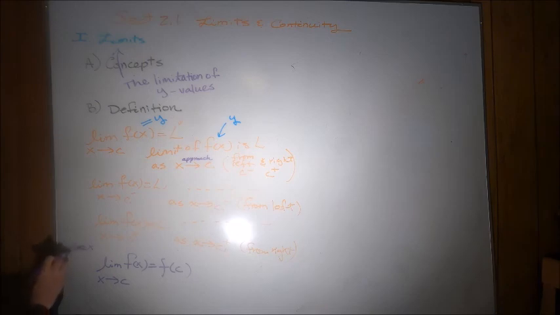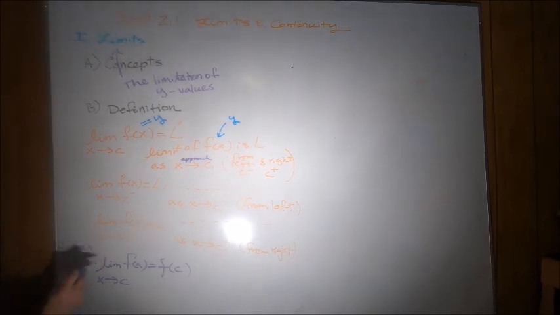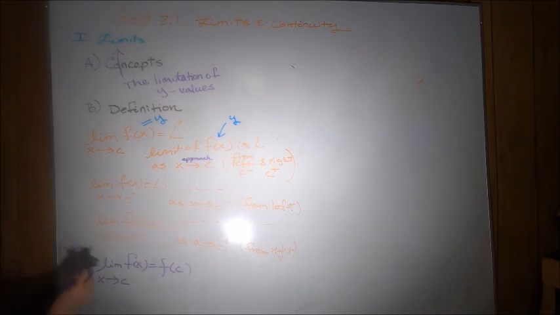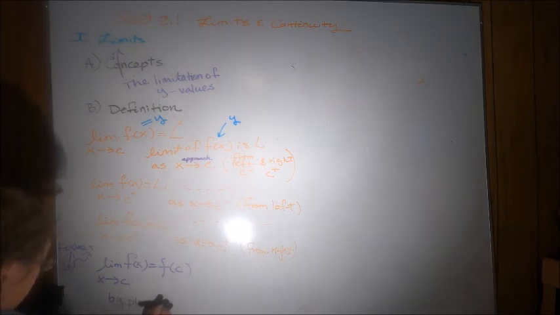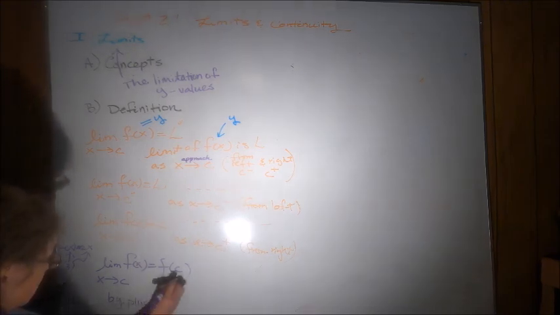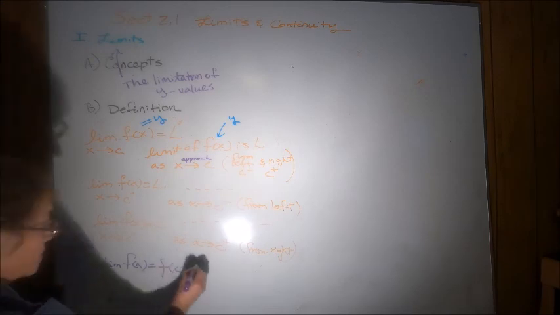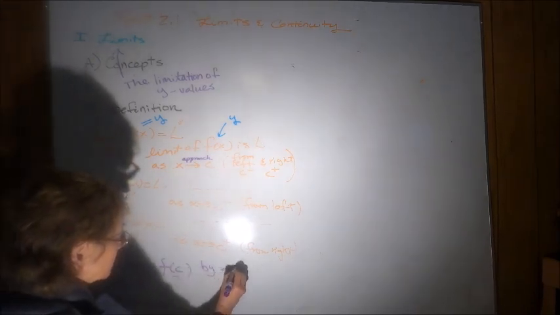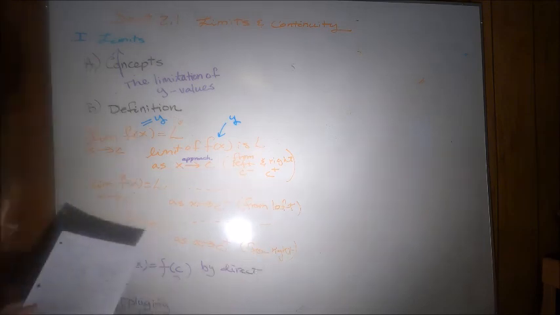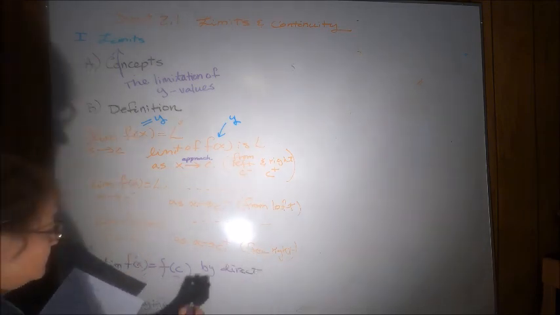So when c is 3, you plug in, that means f of 3, then you get a value. So we do it by plugging in, and formally we call it direct substitution.